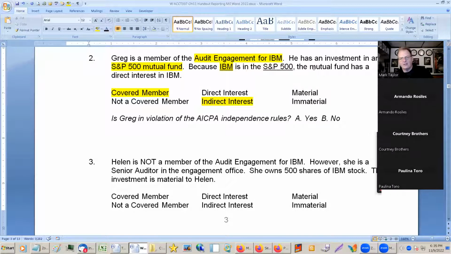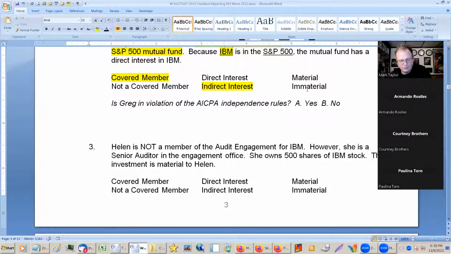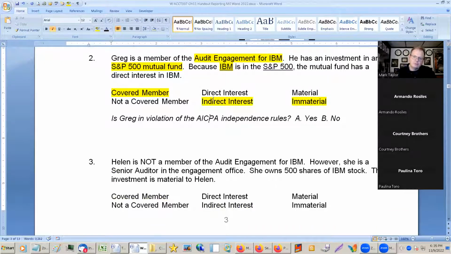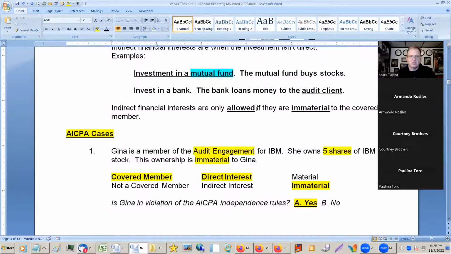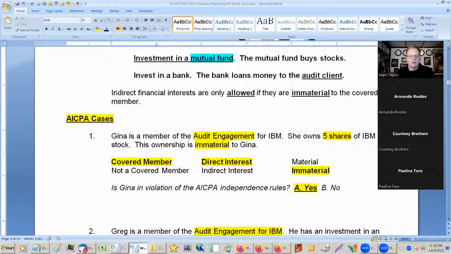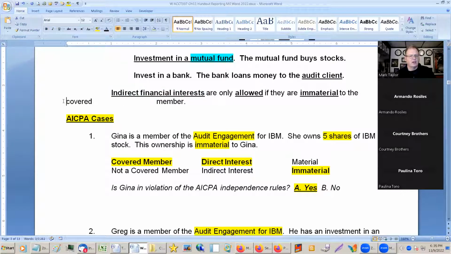It's 1/500th of the mutual fund, so it's immaterial. Whatever IBM does, good or bad, is probably not going to make much difference in the fund. Is Greg in violation of the independence rules? It's indirect, but it's immaterial. No, it's not a problem.